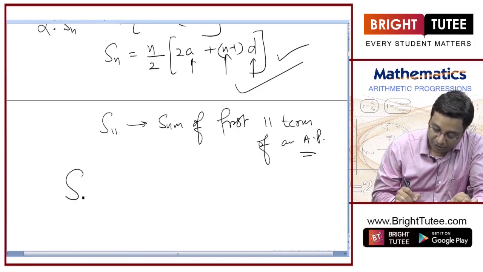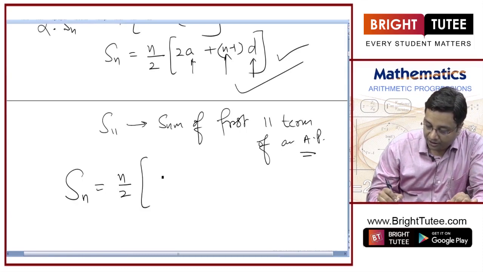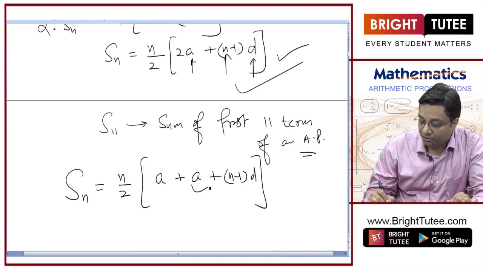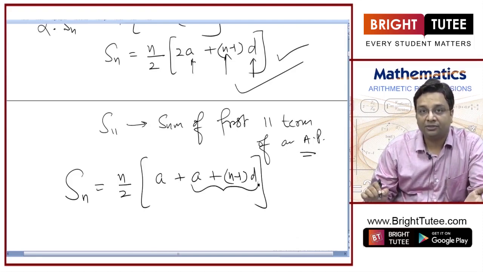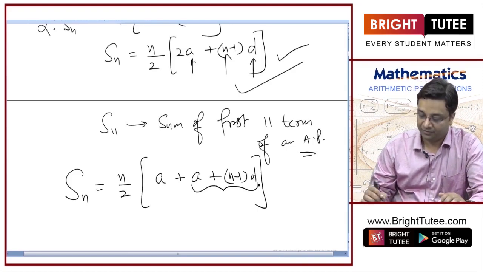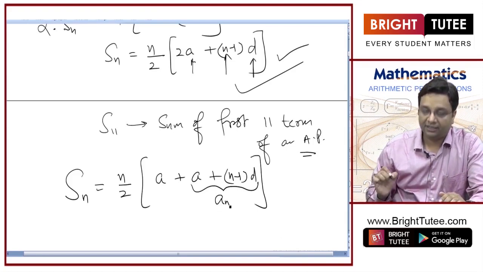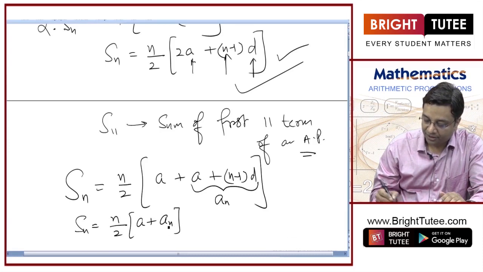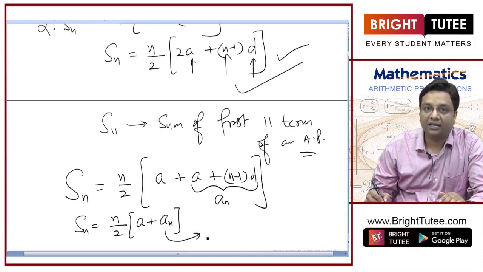Now if I break this formula, Sn equal to n by 2, if I write this as a plus a plus n minus 1 into d. Now do you recognize this expression? This was the expression for the nth term, so I can write it as an. So the sum of n terms is also equal to n by 2 into a plus the nth term, which is sometimes referred to as the last term.